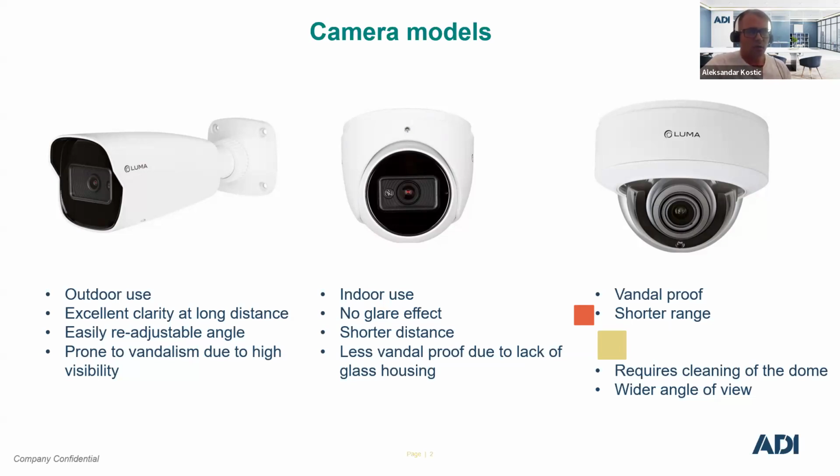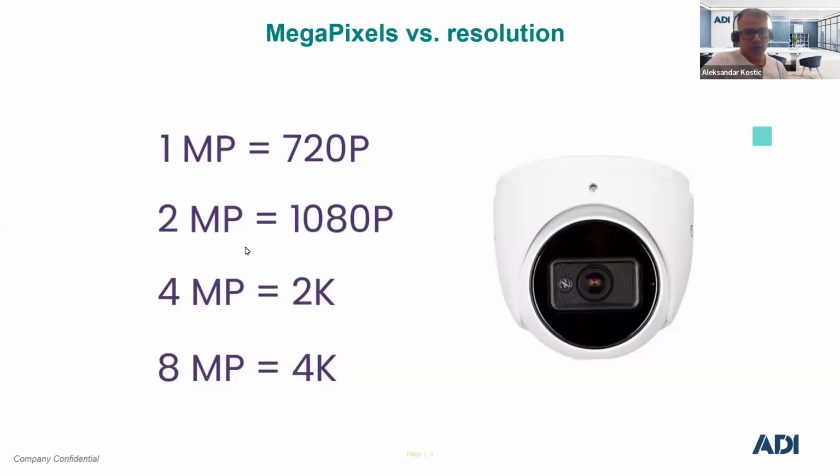So depending on the requirements of the project, first we decide what camera model and form factor we use, and after that, the second thing is to define what video resolution would be proper for the set. Of course, a lower video resolution means lower cost, and a higher video resolution means a more expensive camera.